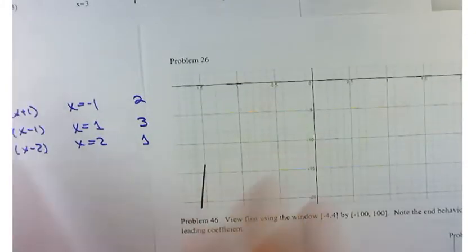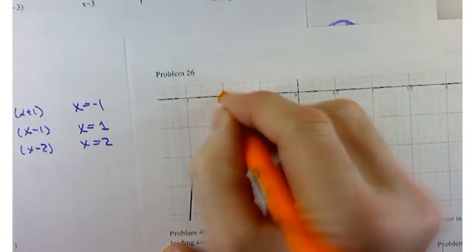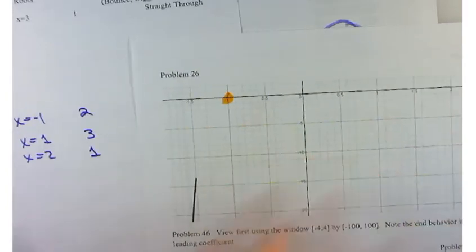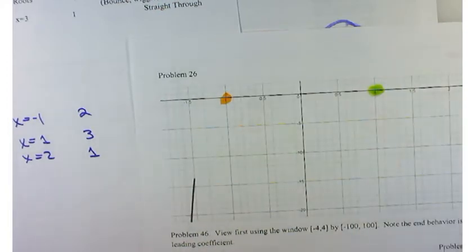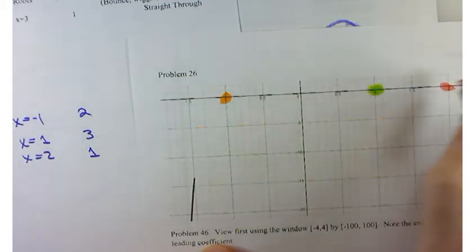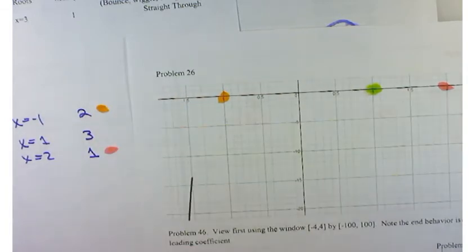So at -1, we had a bounce. At 1, we had a wiggle. And 2, we had a straight through. Here, and here.